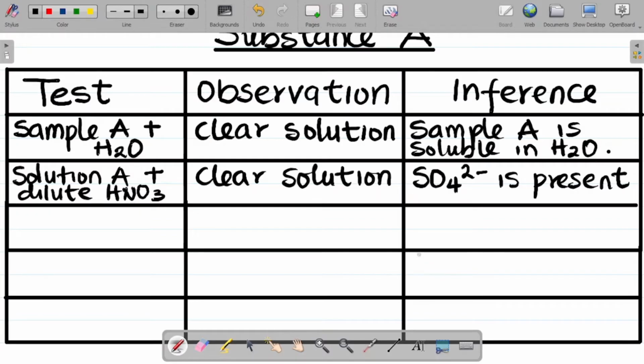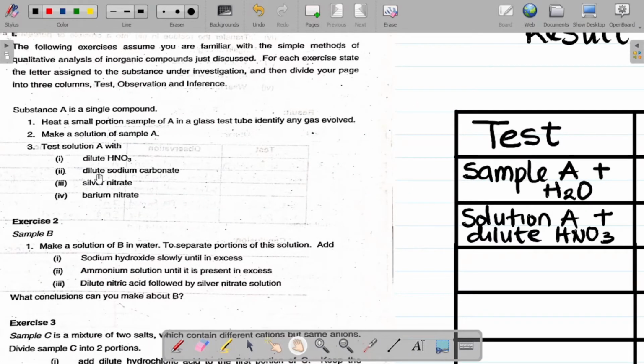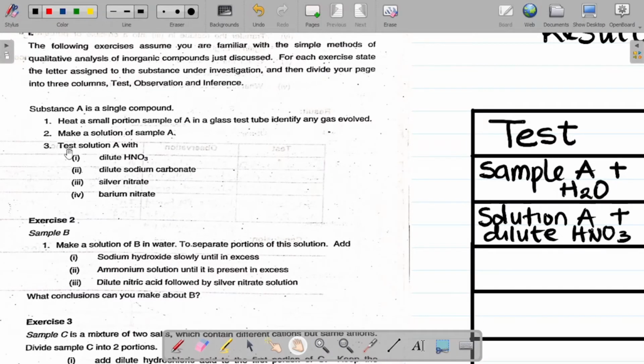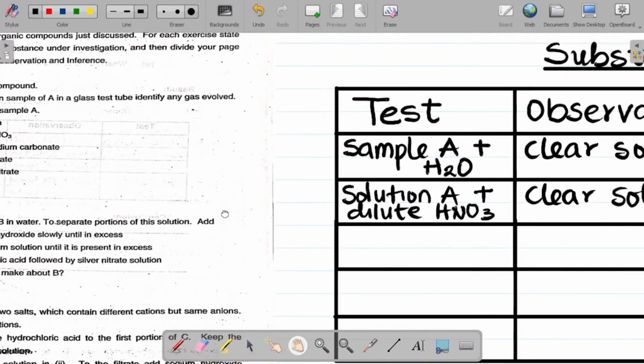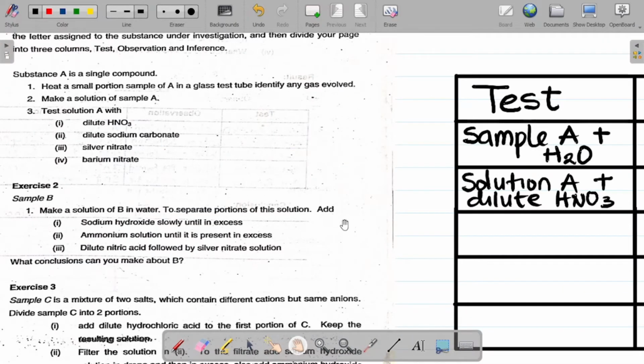So what's the next thing? Let's look at the next task. The next task, 3II, says test solution A with dilute sodium carbonate. When we did this experiment, there was no sodium carbonate, so instead we were asked to use sodium hydroxide.